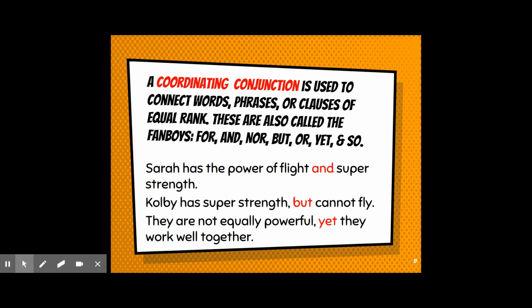Make sure you look out for commas whenever you're introducing a coordinating conjunction into a sentence. In the third example, they are not equally powerful, yet they work well together. Yet is also a coordinating conjunction that introduces something contradictory, so it has a comma in front of it.